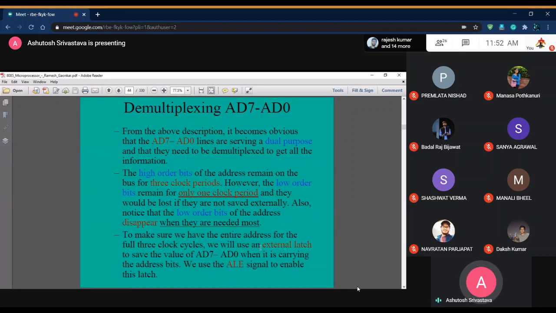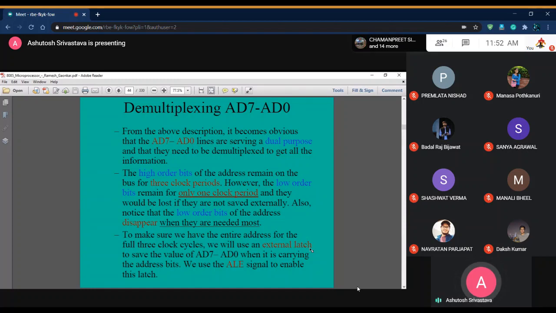Okay, so for this, the usage of an external latch. Now this latch, again, is going back to your knowledge from your previous class.